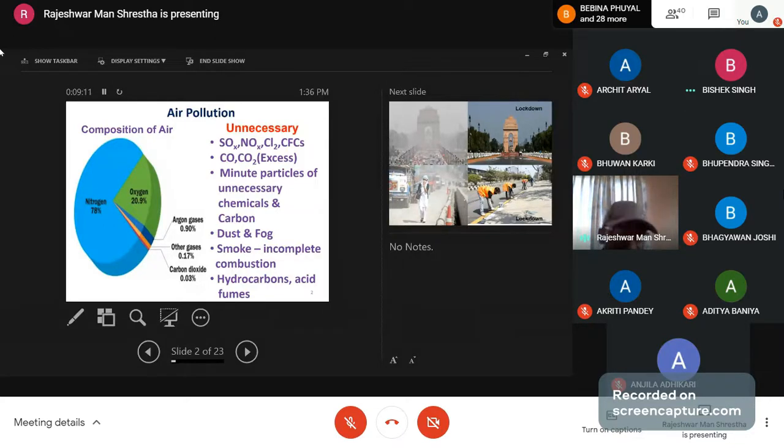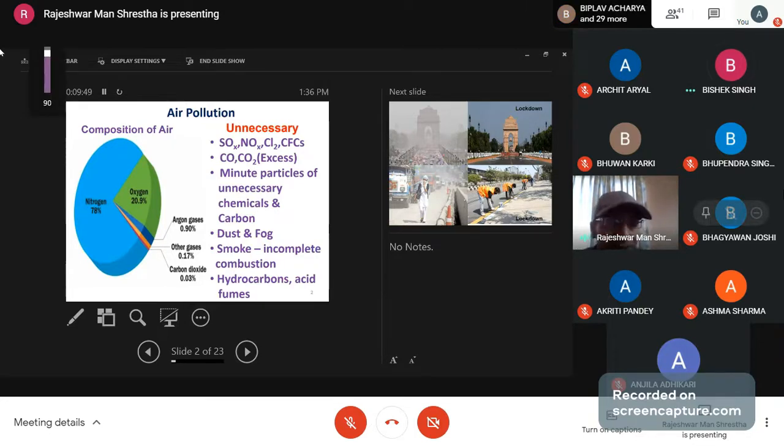But due to human activities, the air we breathe may contain different unwanted substances like oxides of sulfur, nitrogen, chlorine, chlorofluorocarbon gas that has been widely used as coolant in refrigerators, then carbon dioxide, carbon monoxide from burning of fossil fuel and the leaves of plants, and minute particles of unwanted chemicals and carbon, smoke containing carbon, and dust and fog.